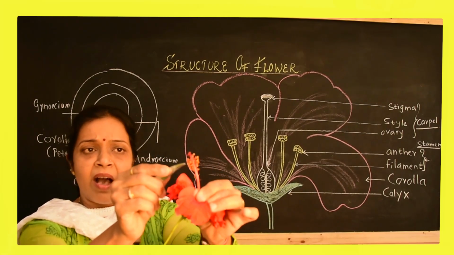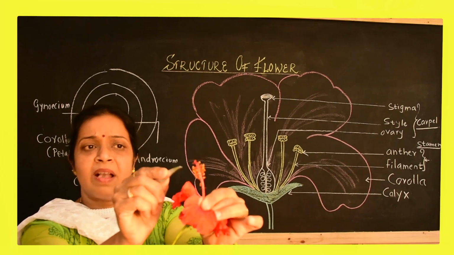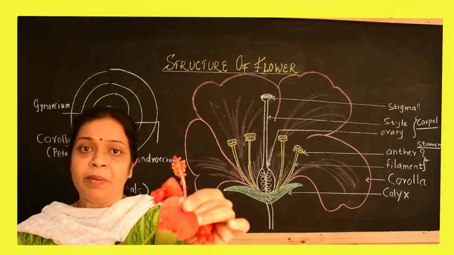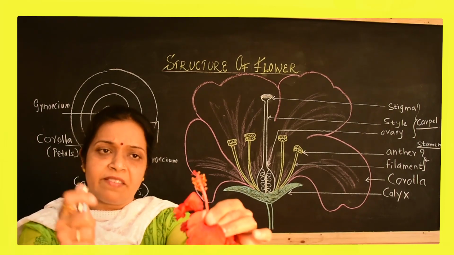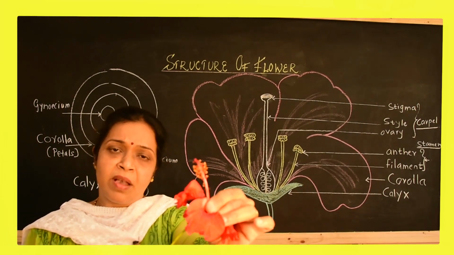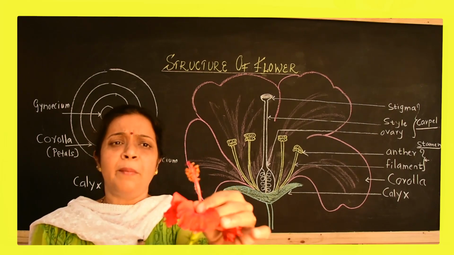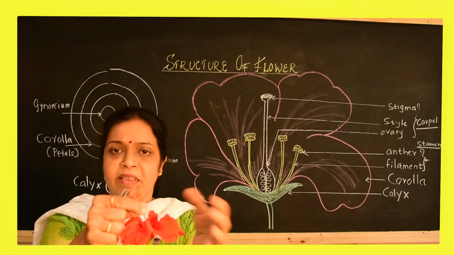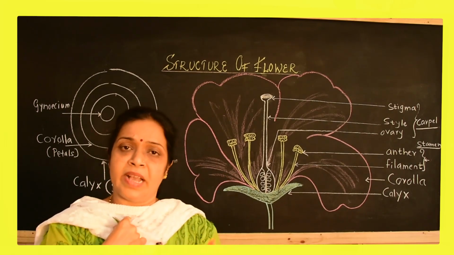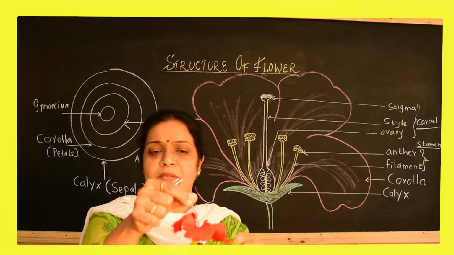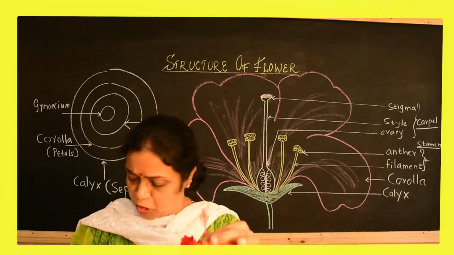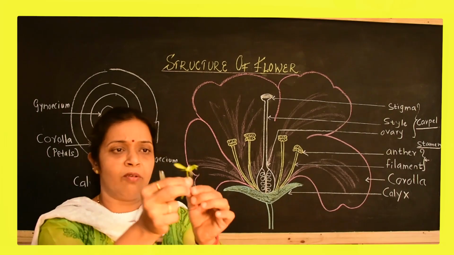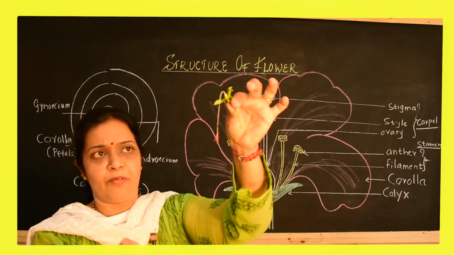These stamens are having small filaments and anthers. These anthers are yellowish in color, that is, that yellow color dust is nothing but pollen grains which are seen there in this. Number of pollen grains are present there in the flower. Inside this, the innermost one is called as gynoecium. So inside this we will get the gynoecium. For that I have dissected the flower, took out all the other whorls, and now this is the only gynoecium whorl present.